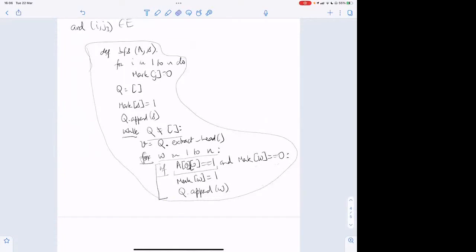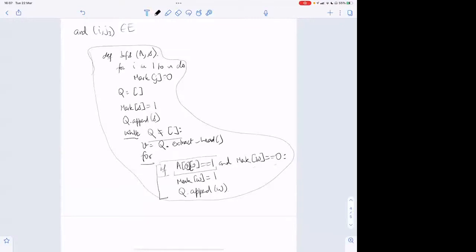Now for W, I will just change this to say for neighbors W of V, and I will remove this part because these are only neighbors.